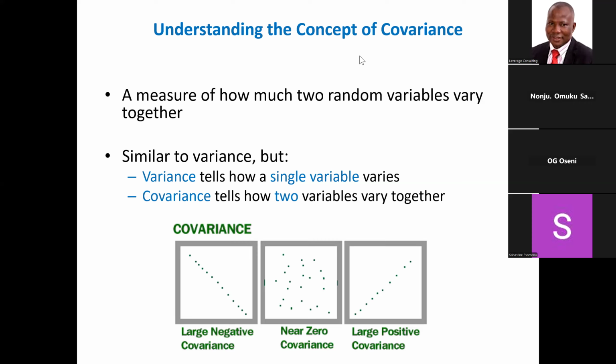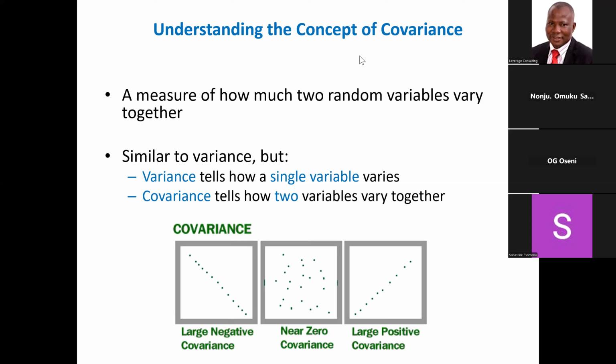Now, how did he do it? Just like the way I told us how he discovered chi-square from normal distribution, the same thing, how he described correlation from covariance.